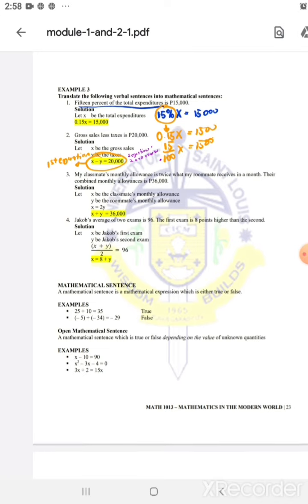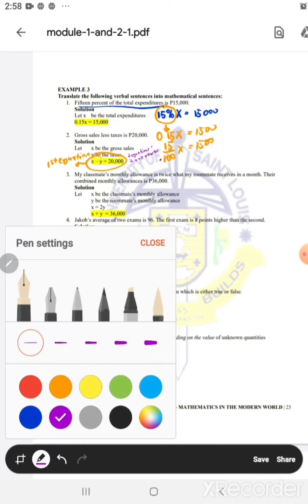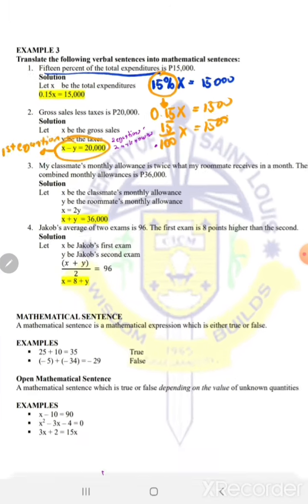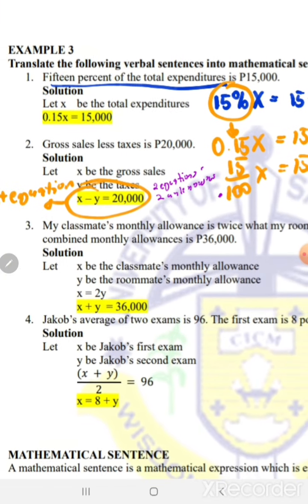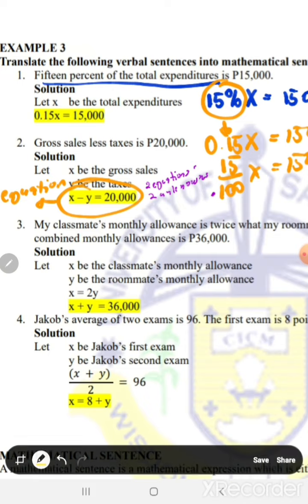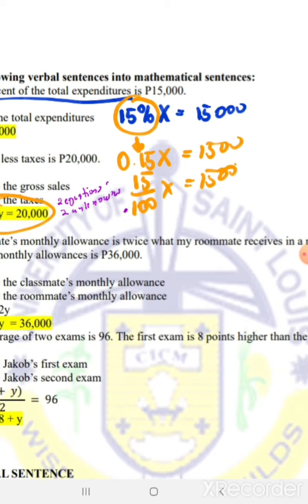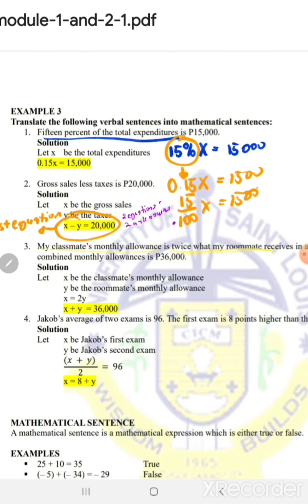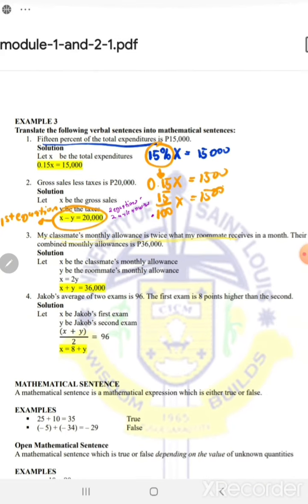So notice that in the statements there are two equations. The first equation relates your classmates' monthly allowance to my roommates'. The expression is that twice my roommates' allowance is equal to my classmates' monthly allowance.